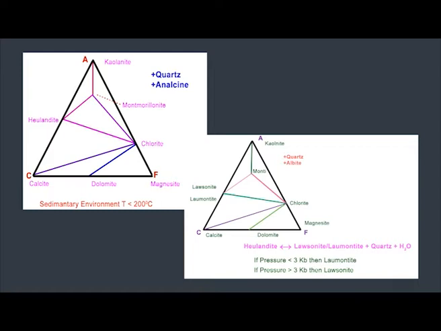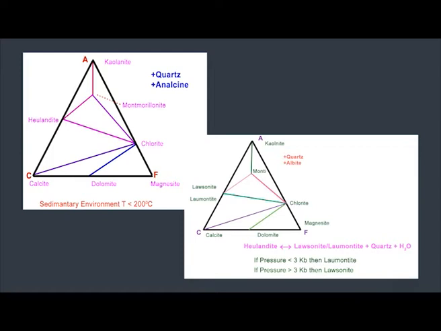Liou 1971 has also investigated this reaction and gave the following data: 200 degrees centigrade, 2 kilobar; 183 degrees centigrade, 5 kilobar. Laumontite gives rise to lawsonite plus 2 quartz plus water, at 200 degrees centigrade, 2.8 kilobar and 250 degrees centigrade, 3 kilobar.